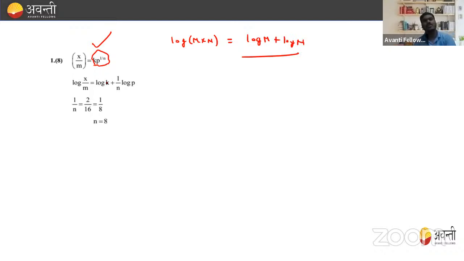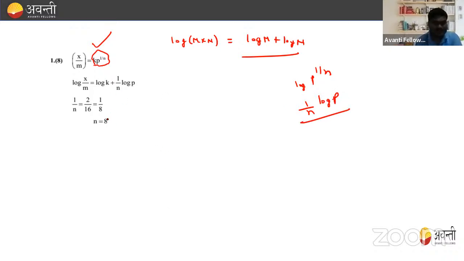So we can write log k P to the power 1 by n as log k plus log P to the power 1 by n. By the property of logs, log P raised to the power 1 by n comes out to be 1 by n log P. So log x by m equals log k plus 1 by n log P.